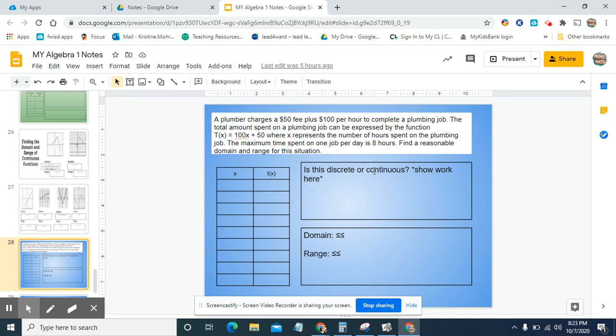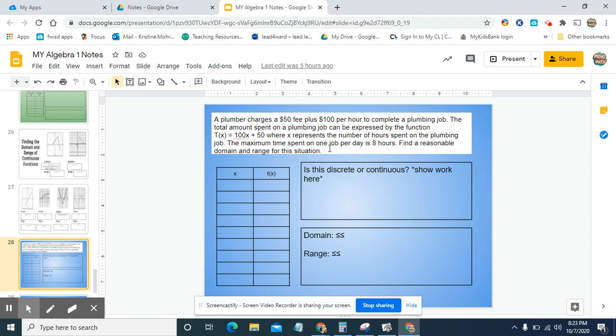So think continuous, again, majority of the time: money, speed, distance. Those are the most common scenarios that you'll come across where it'll be a continuous situation. So this one here is talking about a plumber and his hourly time on the job.